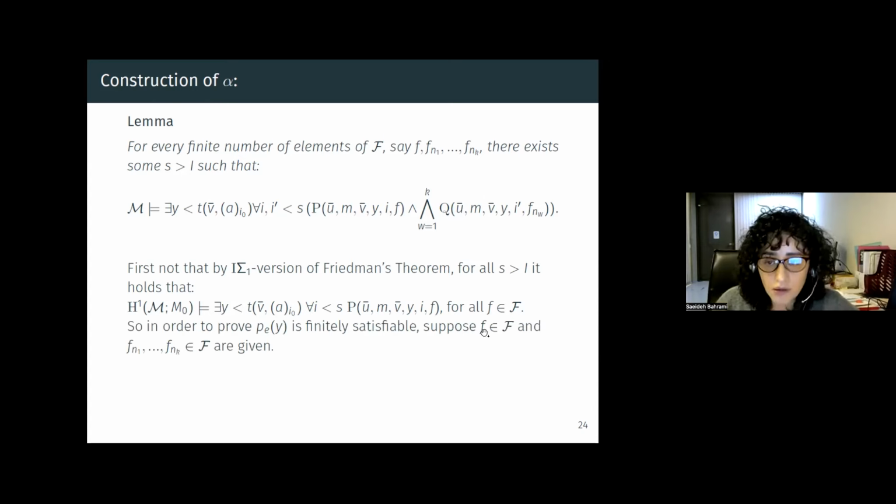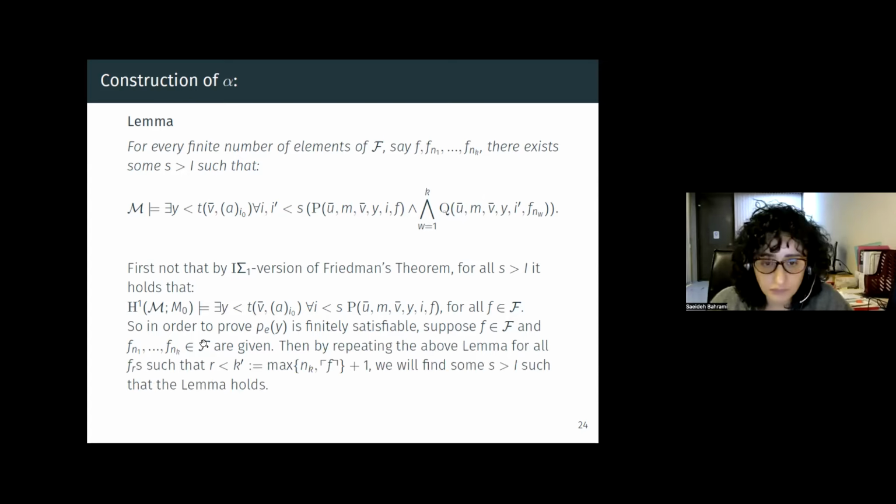So we can just fix one F for the P part of the type, and take any number of finite elements of F. Then by repeating this lemma as many times as possible, for example, k prime many times, such that k prime is larger than the number of these elements and larger than the Gödel number of this f, such that the property holds for every fr less than k prime.